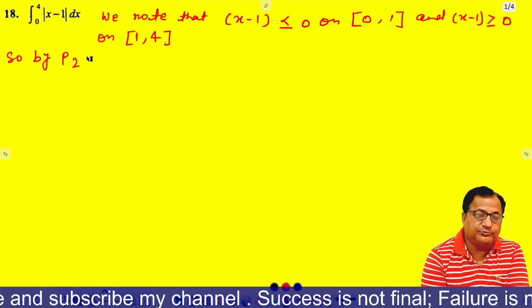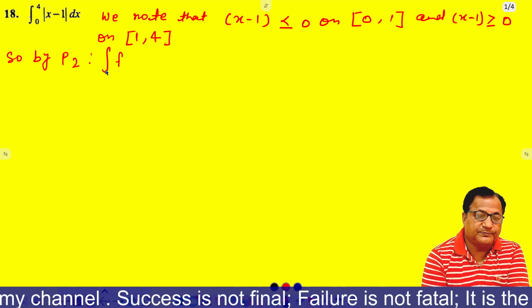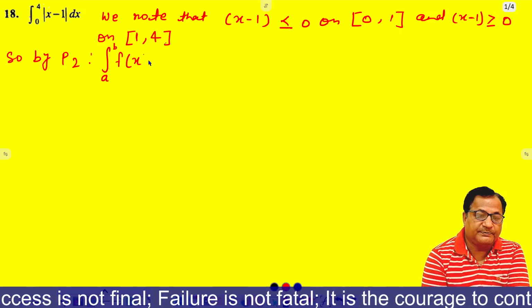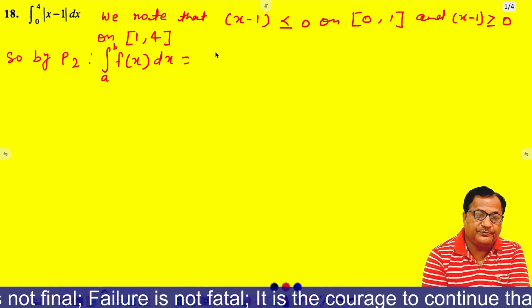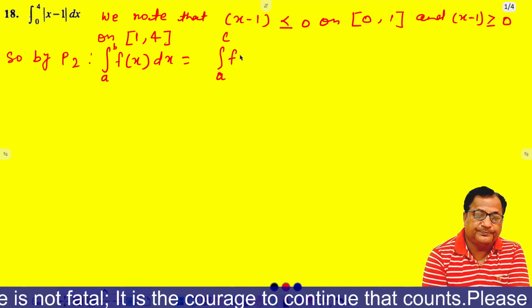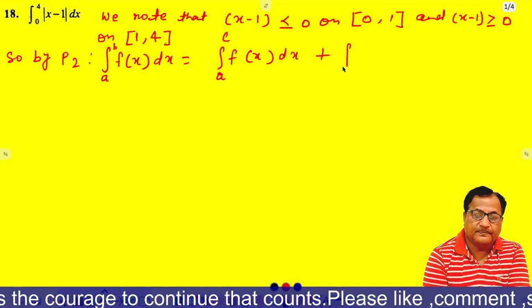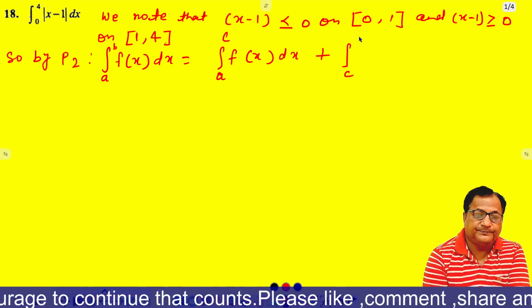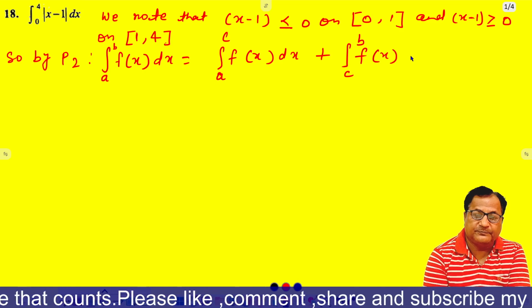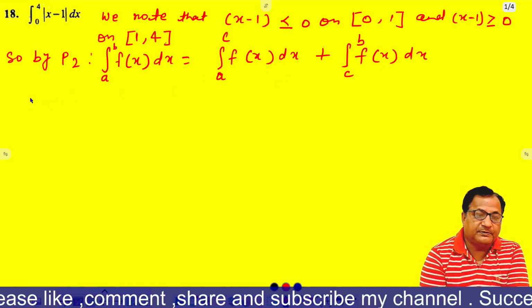P2 is the integral from A to B of f(x) dx equals the integral from A to C of f(x) dx plus the integral from C to B of f(x) dx. So by using this property, we can write this.